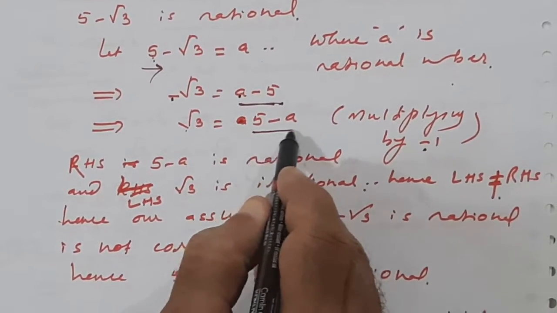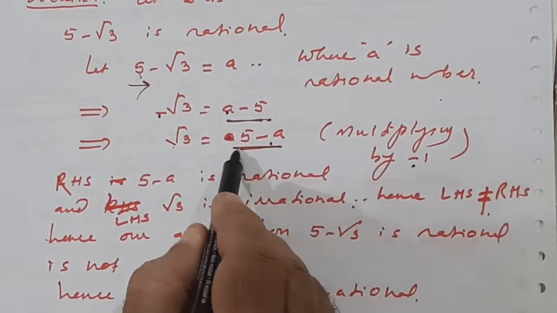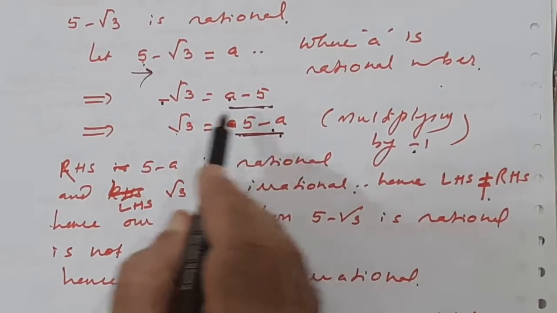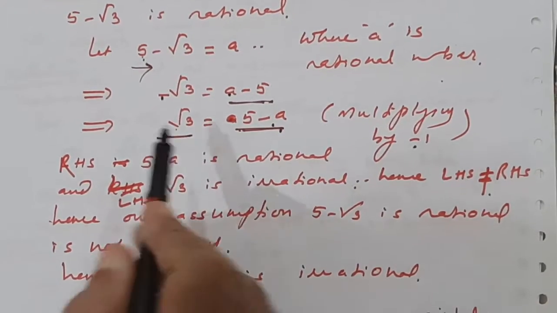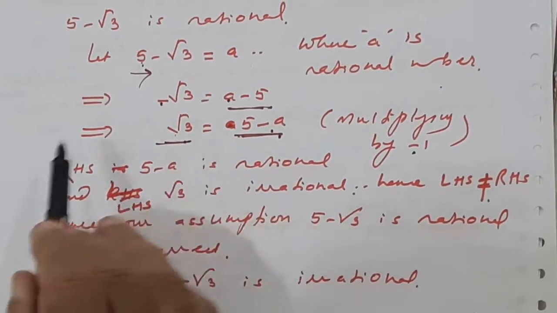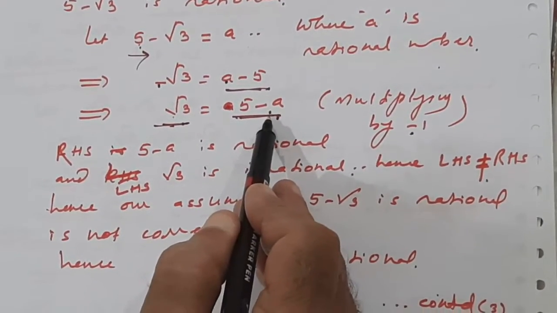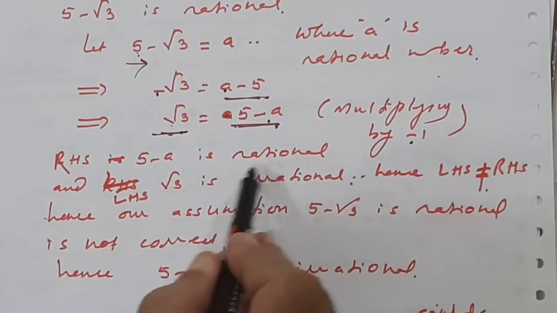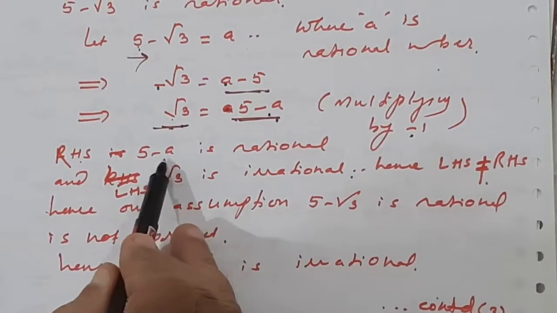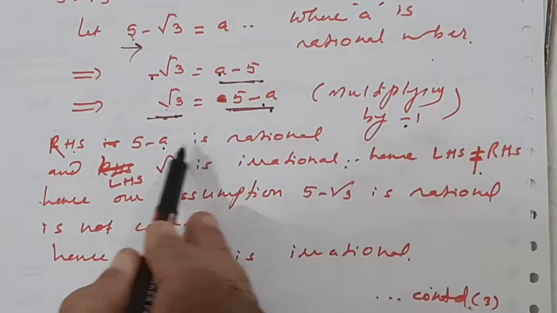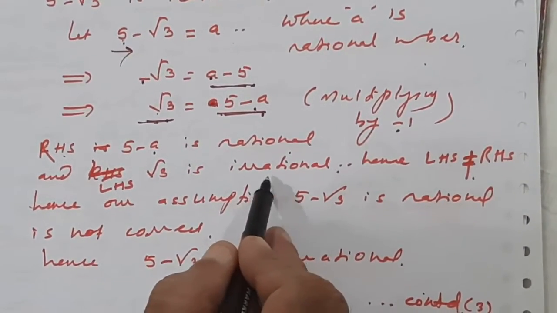Now what is the right hand side? Right hand side is 5 minus a, and you know that 5 minus a is rational. And what is left hand side? Left hand side is root 3, and root 3 is irrational. Is it possible that irrational number can be equal to rational? Of course not. So here I have written now, RHS side 5 minus a is rational and left hand side root 3 is irrational.